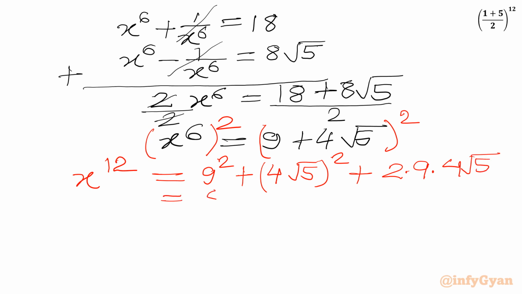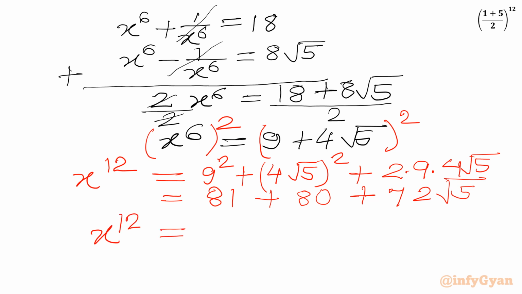So 9 square is 81. 4 square is 16, root 5 square is 5, 16 times 5 is 80, plus 72 square root 5. So we will get our final answer: x power 12 will be equal to 161 plus 72 square root 5.